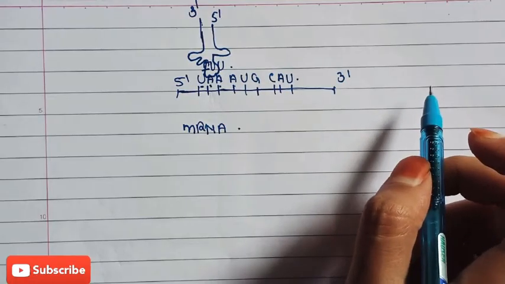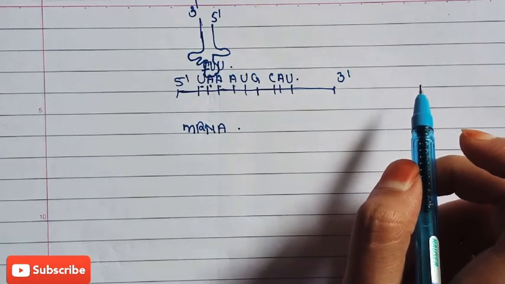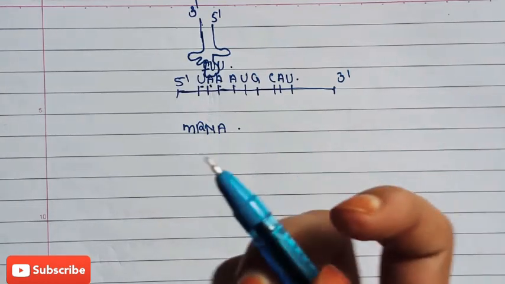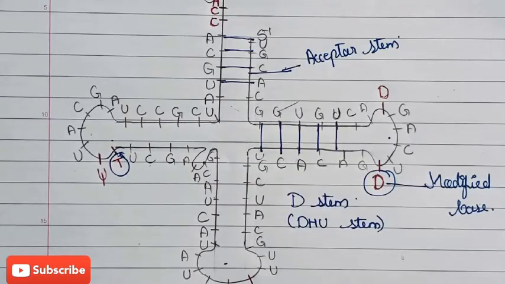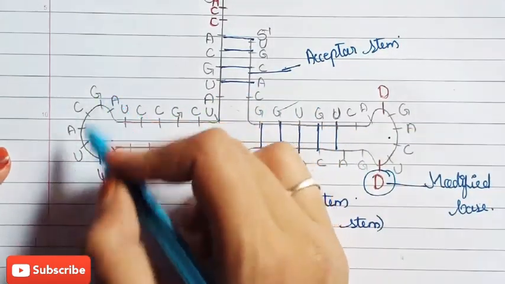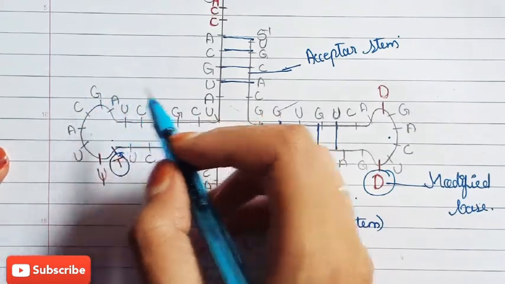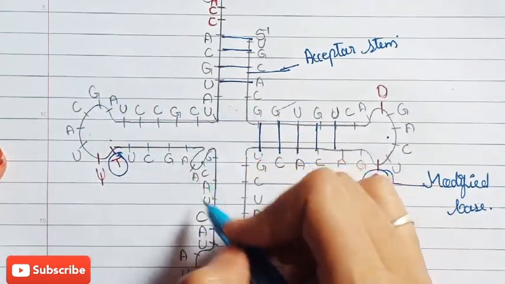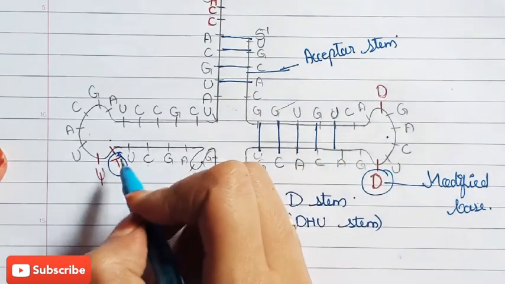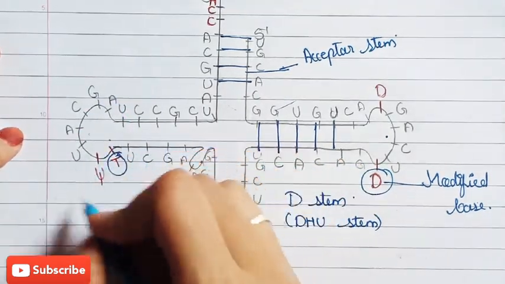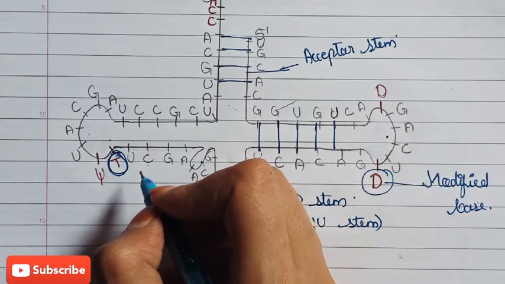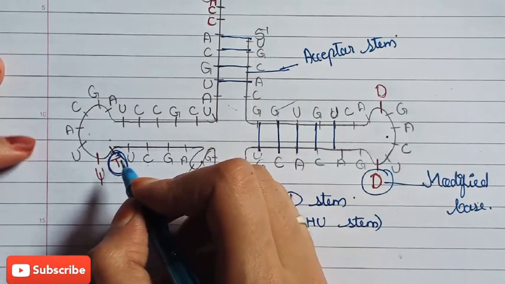Now we are going to see another loop of tRNA, that is the T-psi-C loop. So we are going to see the structure of tRNA. Now here you can see the 4th arm of tRNA. The 3rd arm is not necessary, but this 4th arm has a modified base, thymine, present in RNA.